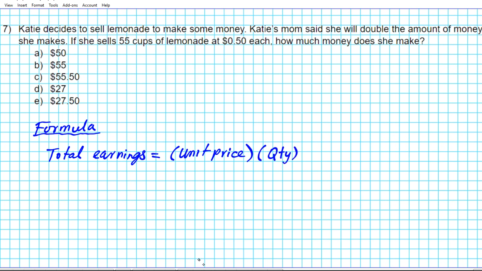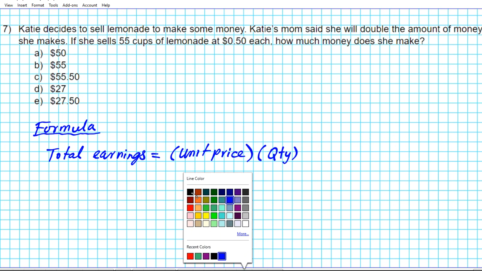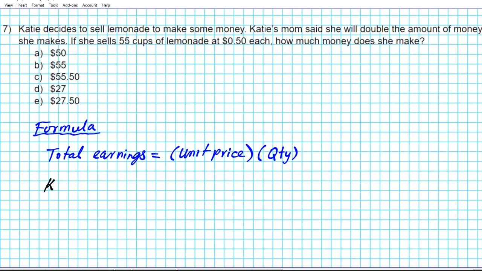In the case of Katie, her earnings are simply going to be the product of the unit price, which is how much she charges for each cup of lemonade, 0.5, multiplied by 55, the total number of cups that she sold.